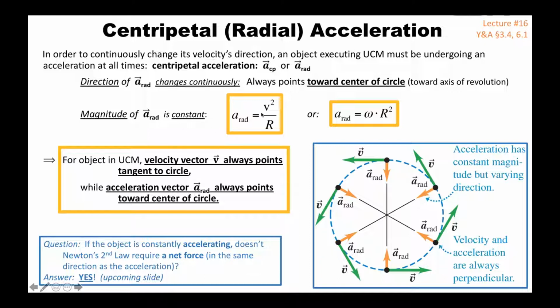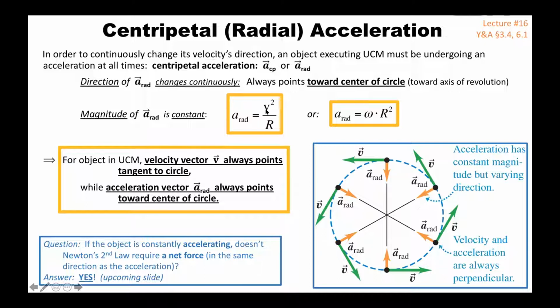And I'm not going to derive it here, but you can look at our textbook if you'd like a derivation, and it can be shown that the magnitude of this acceleration is equal to v squared over r. So v is that speed, which has a constant value all the way around, and r is the radius, which is also constant the whole way around. So therefore, the acceleration is constant.